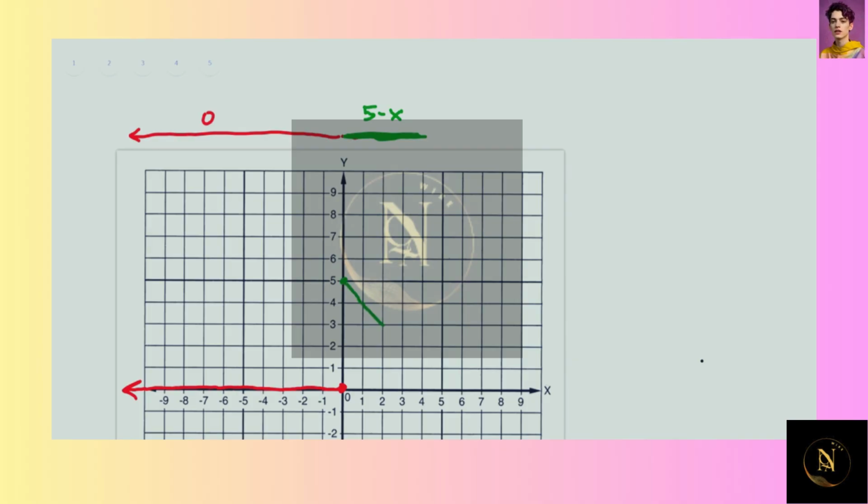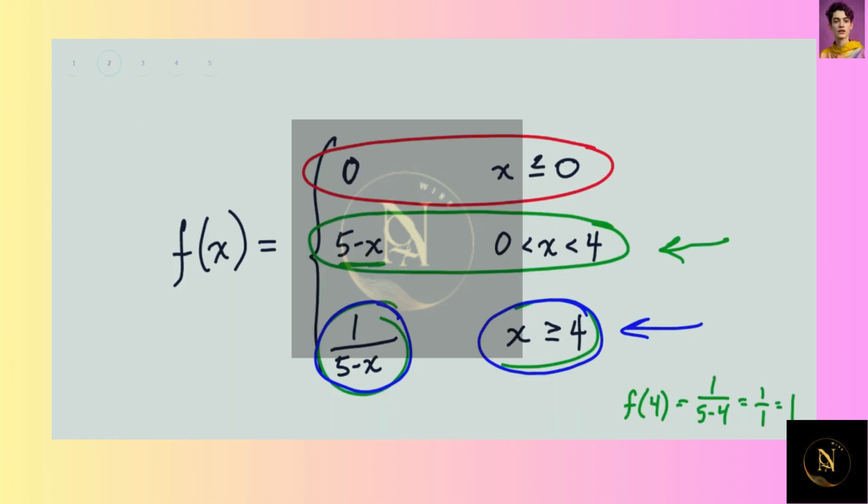So we know how to sketch that, and we stop once we hit x equals 4. And so open circles on either end there.